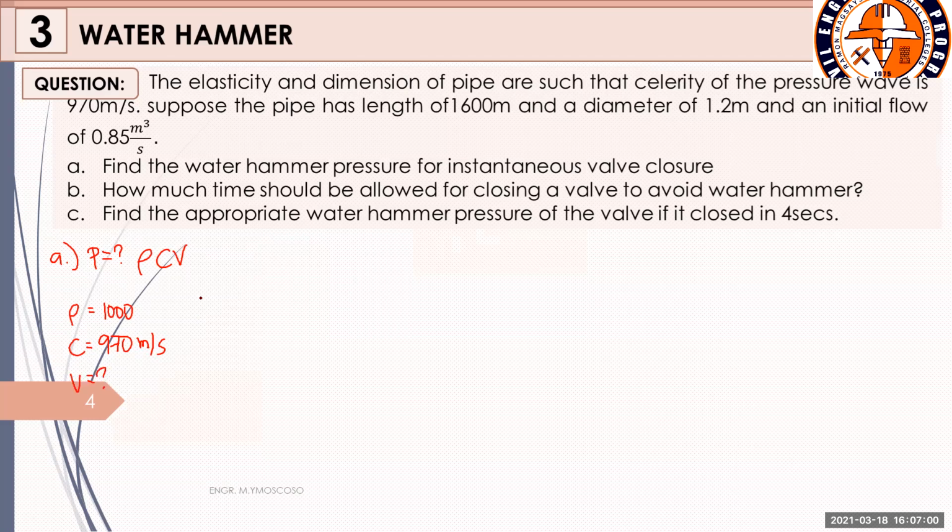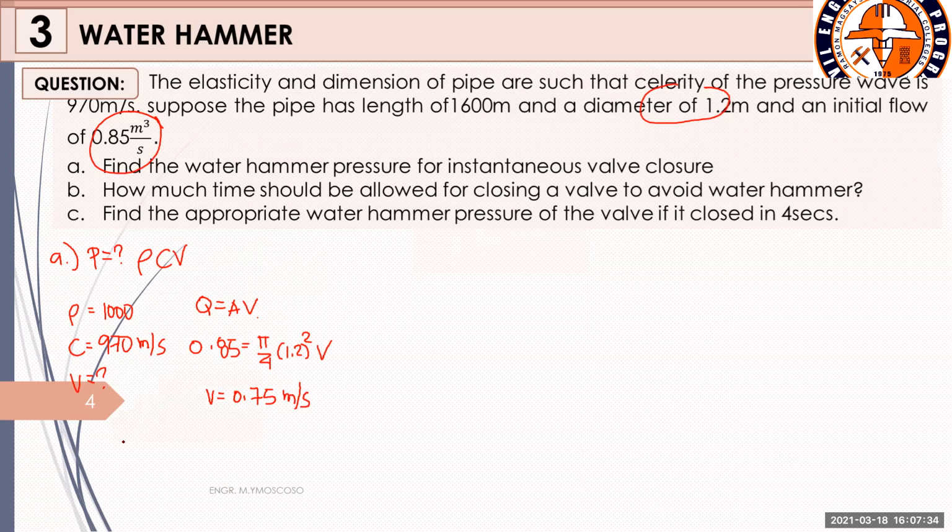But you all know you can get the value of your velocity using Q is equals to AV, given ang ating Q, given ang ating diameter. So you have 0.85 is equals to pi over 4 times 1.2 squared times the value of your V. The value of your V, that would be 0.75 meters per second. Pause nyo na lang para makuha nyo yung value.